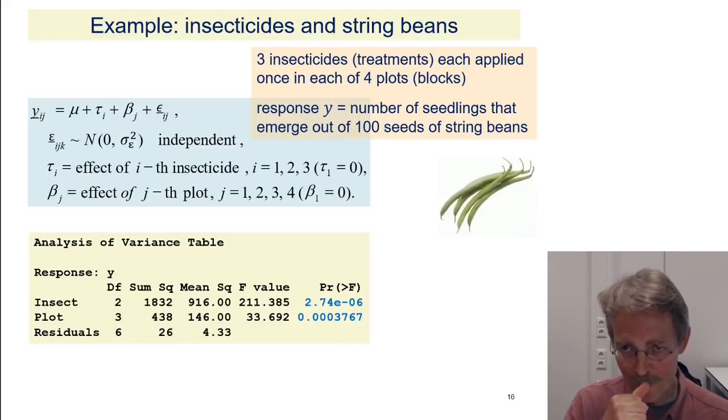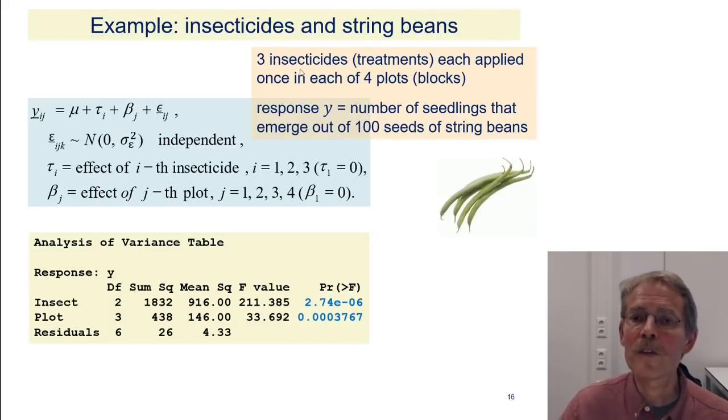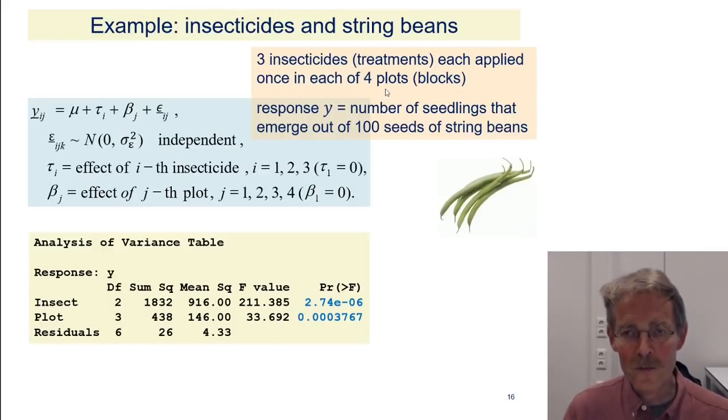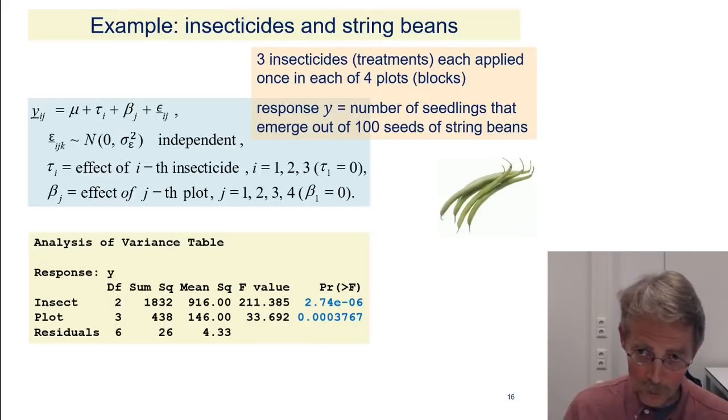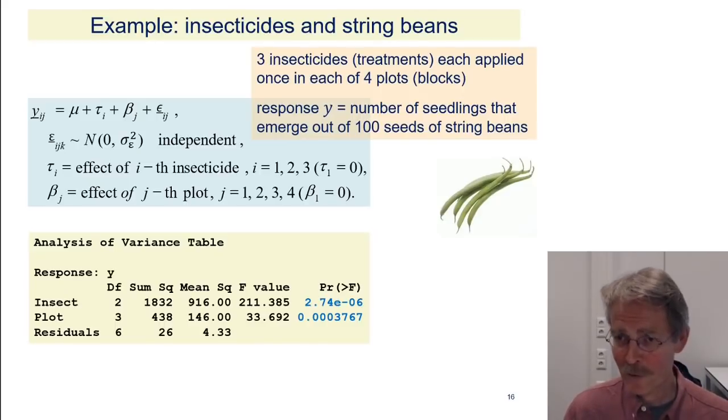Okay, now we have 4 plots here. That's an unfortunate terminology. So better think about the plots as 4 separate pieces of land, say. I could change the story also to 4 different trays with soil or so. But let's say 4 pieces of land, different locations. And you want to compare your insecticides.